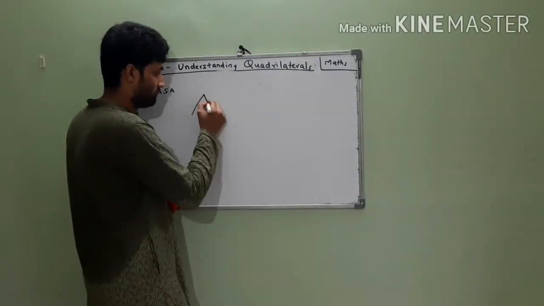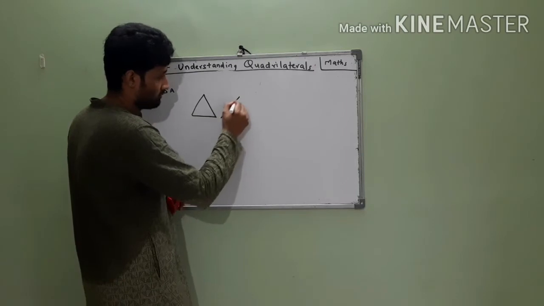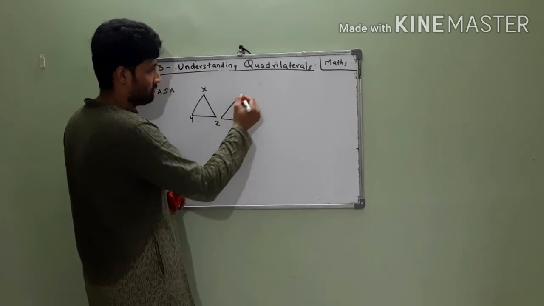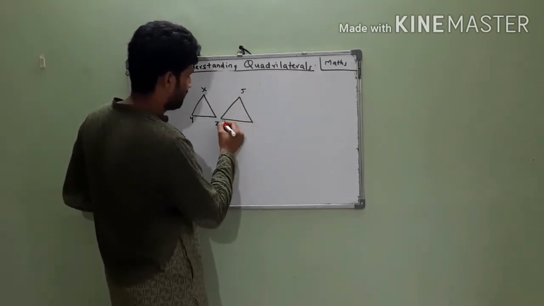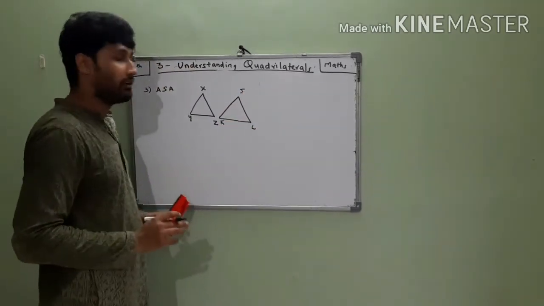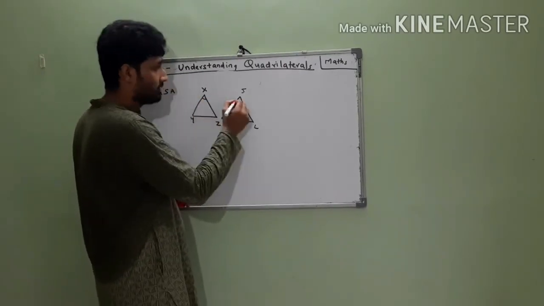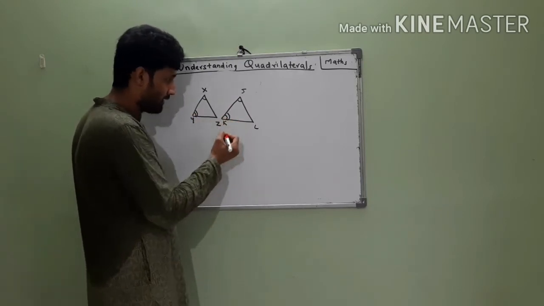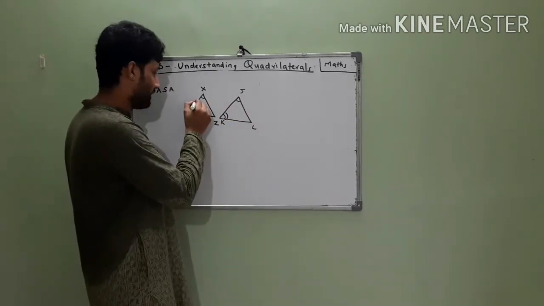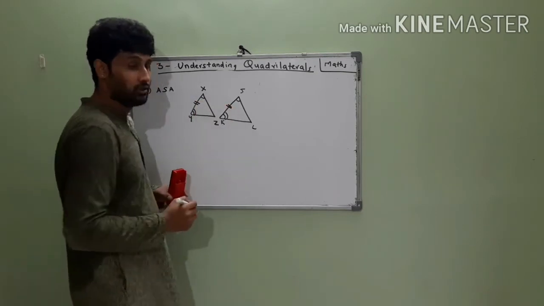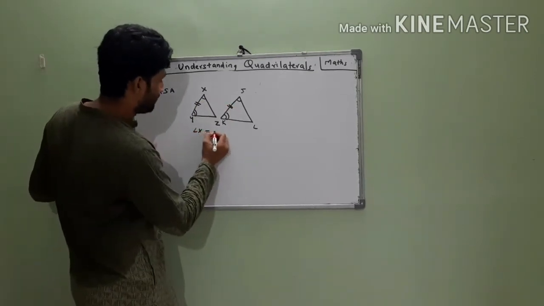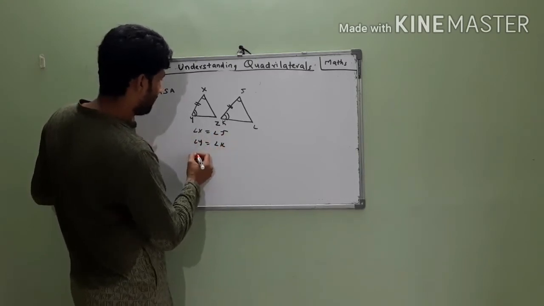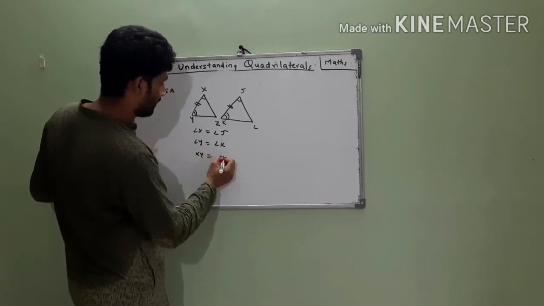So angle X is equal to angle J, angle Y is equal to angle K, and XY is equal to JK.